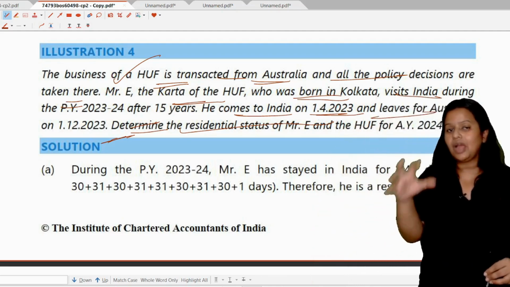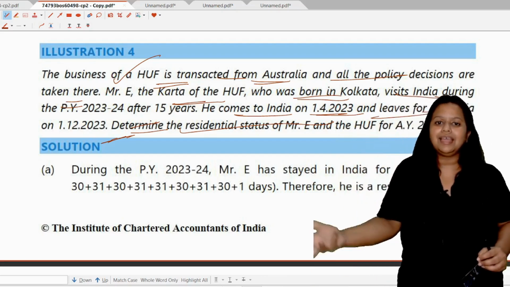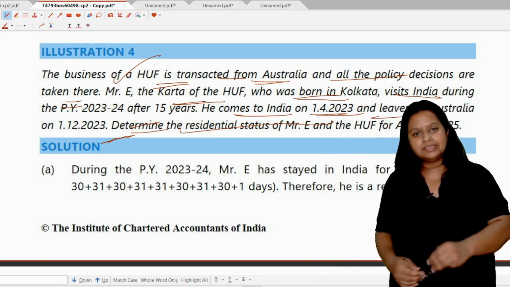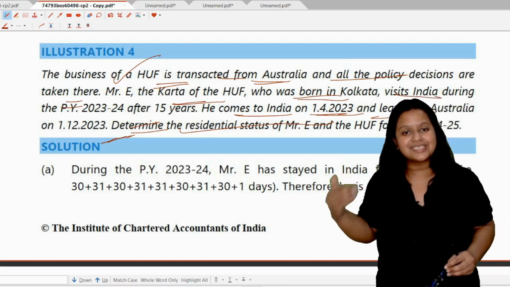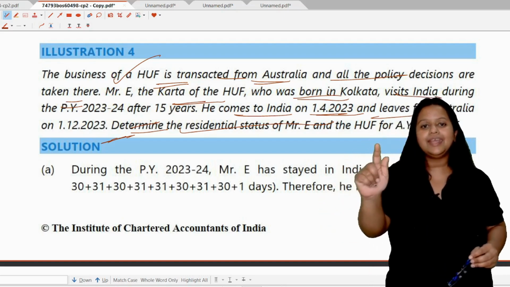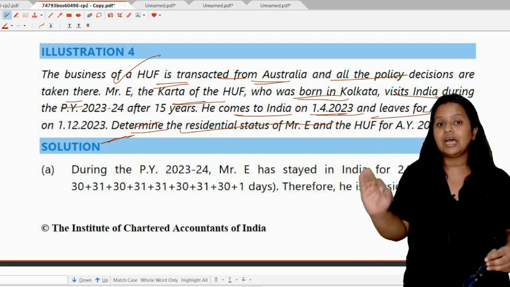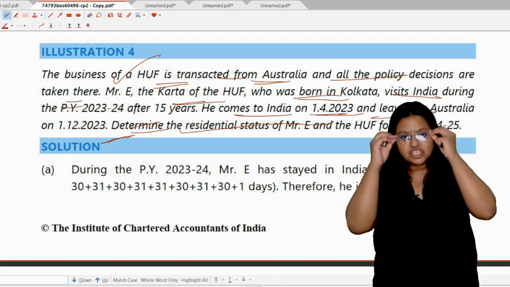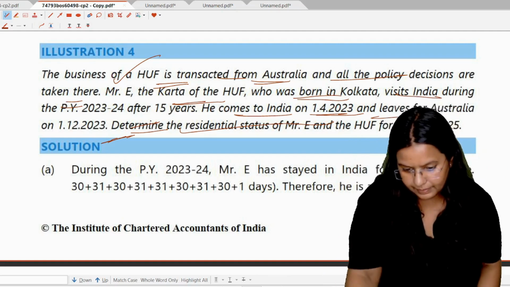They find the residential status of the HUF only, but in this question you have to find the residential status of both Mr. E and HUF. So there are 2 points here and you have to give the answer for both. First we find the residential status of E, and then of HUF.